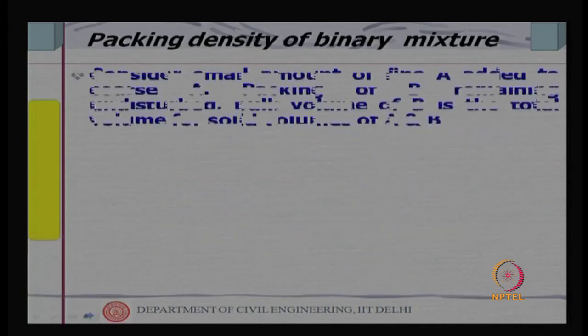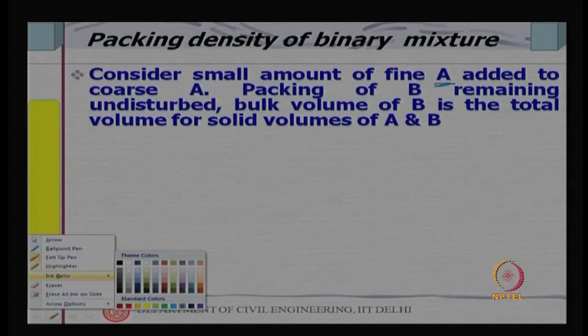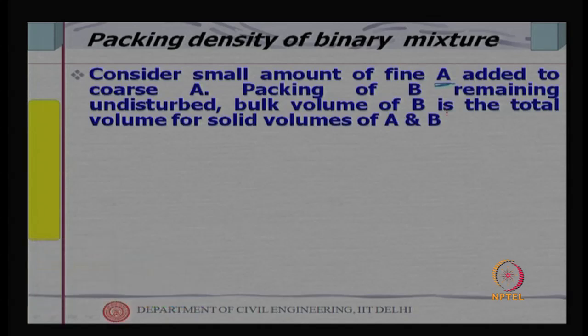Now, let us look at it from another angle. Consider a small amount of fine aggregate A added to coarse aggregate B. Packing of B remaining undisturbed, the bulk volume of B is the total bulk volume for the solid volumes of A and B. The diagram will make this statement very clear.